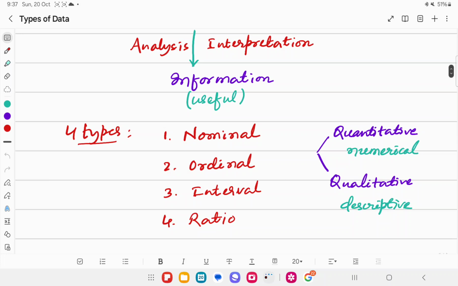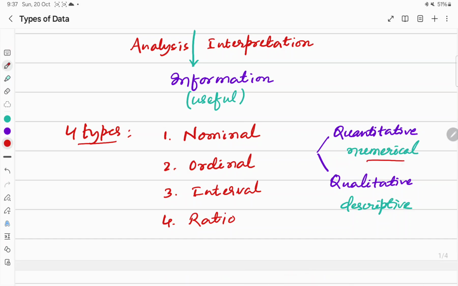And this data can be of four types: nominal, ordinal, interval, and ratio. Nominal data, ordinal data, interval data, and ratio data. Data can again be of two types: quantitative and qualitative. Quantitative is numerical data.